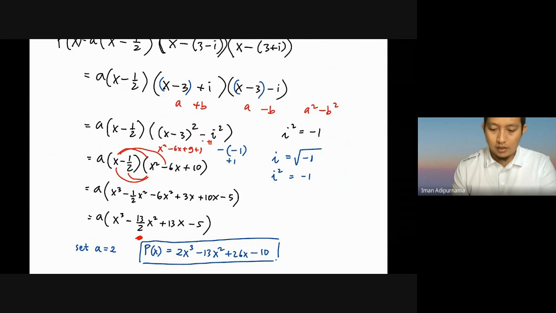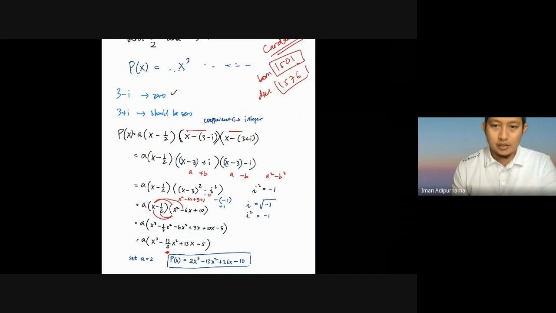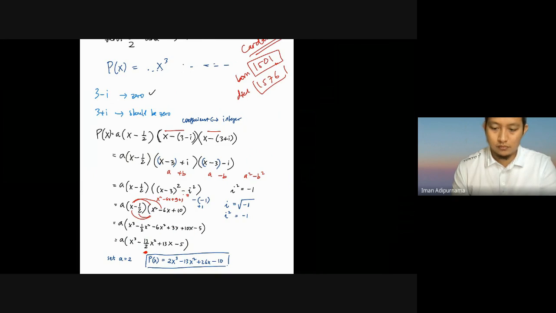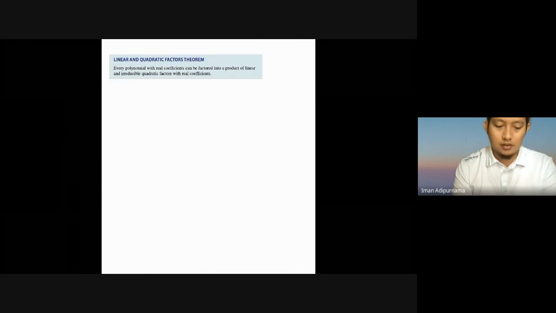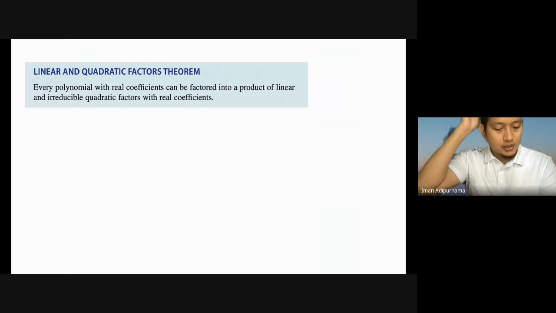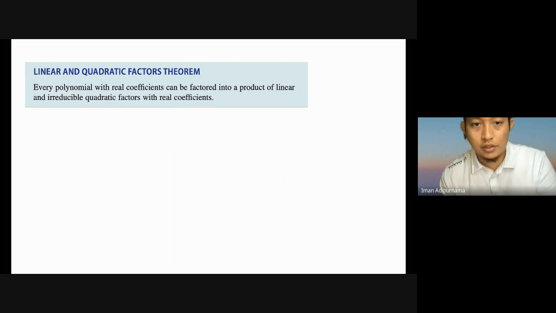let's say the linear and quadratic factors. Okay, linear and quadratic factors. Every polynomial with real coefficients can be factored into a product of linear and irreducible quadratic factors with real coefficients.